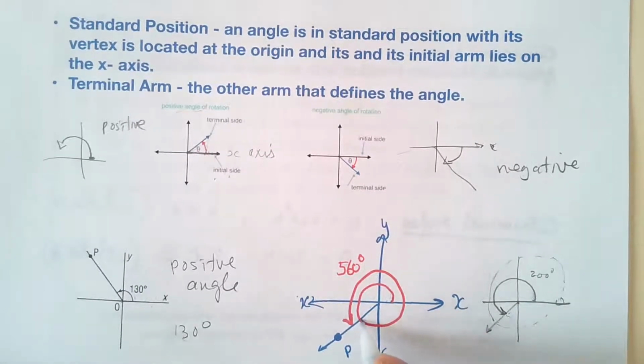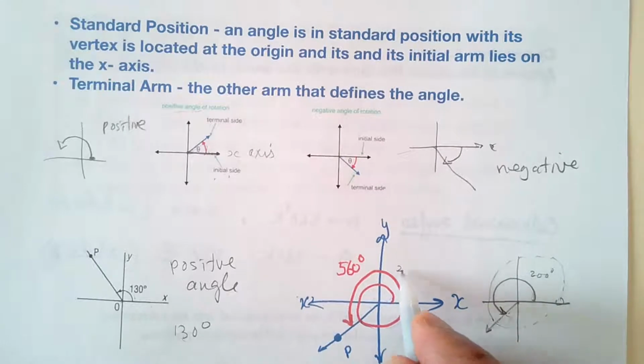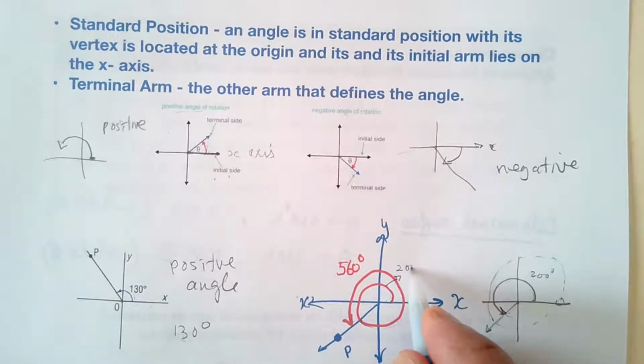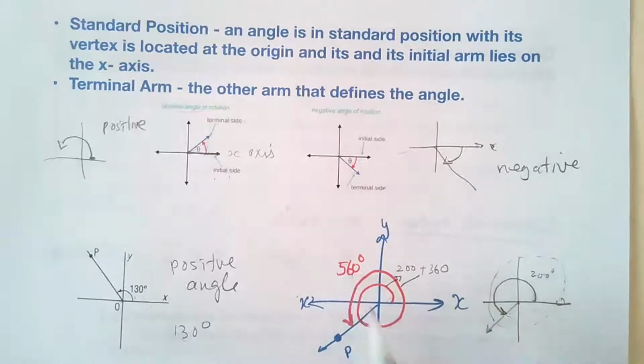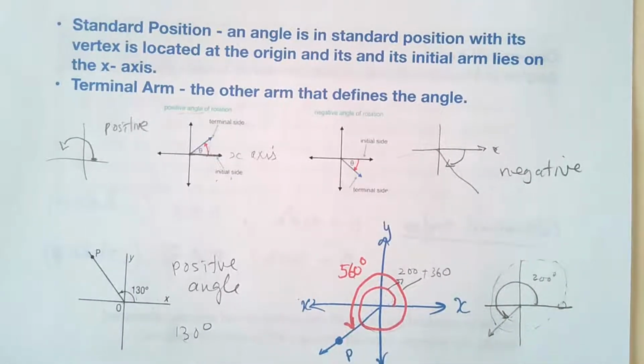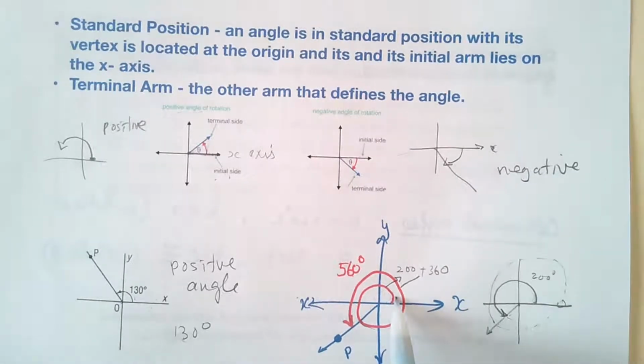So that's what this is all about. This part here is 200 degrees, plus 360 degrees, which gives you 560 degrees. So after it reaches its terminal arm, it's 200 degrees.